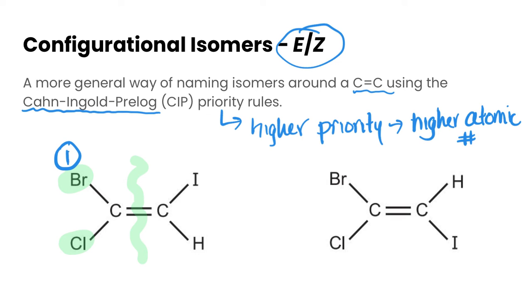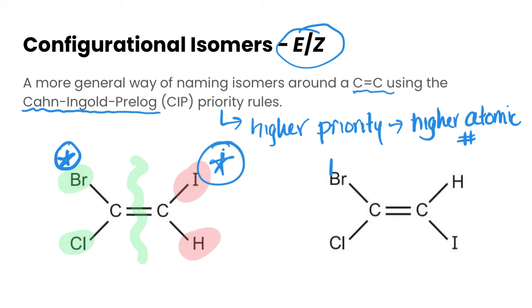So you could put a 1 there, you could put a star, whatever you want, just to help you indicate which one has the higher priority. If we look on the other side then, and we look at the other two things attached to this carbon-carbon double bond, we have iodine with an atomic number of 53, and hydrogen is just a lonely little 1. So the iodine there is going to get the priority.